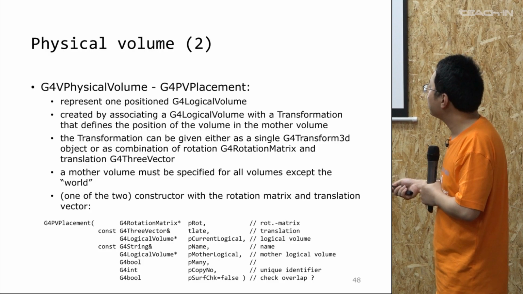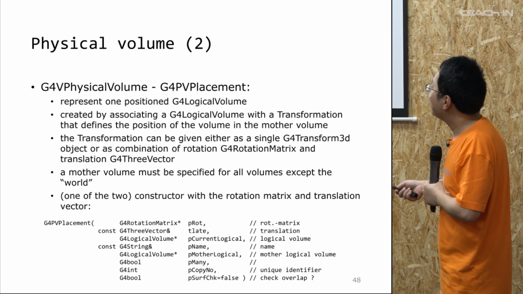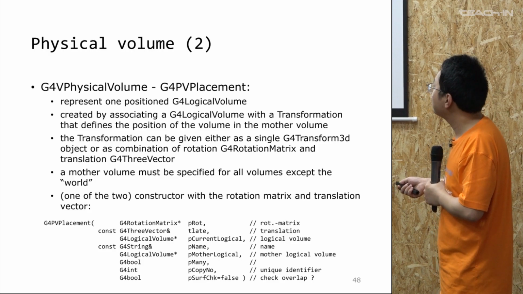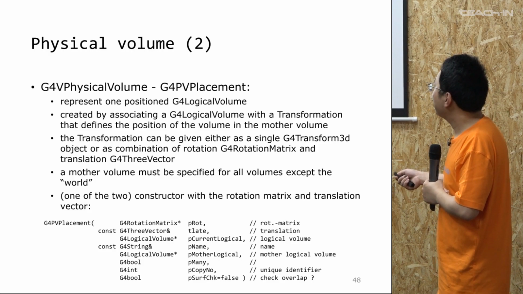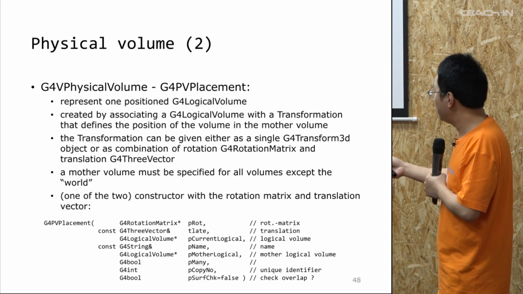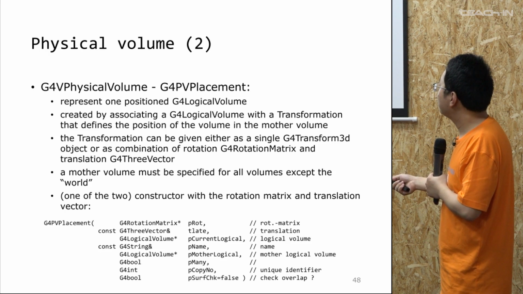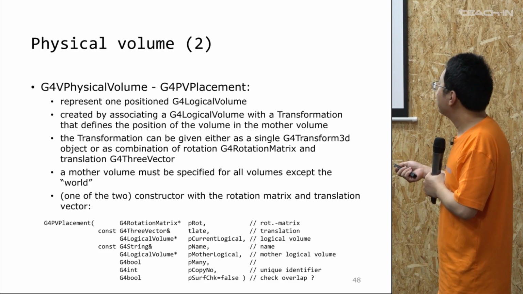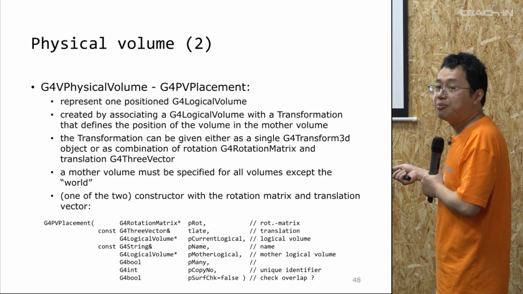So this is just a simple constructor you can use. First you can specify the rotation of the volume and also the translation of this volume. And you have to specify the current volume is this one, and then you have to specify its mother volume.